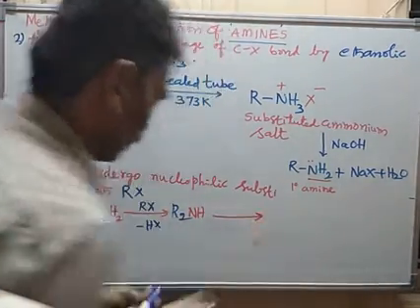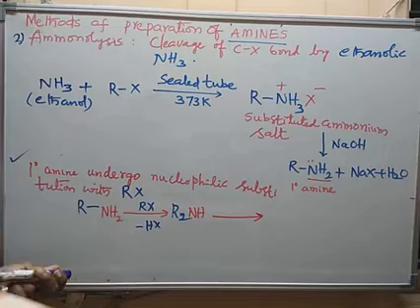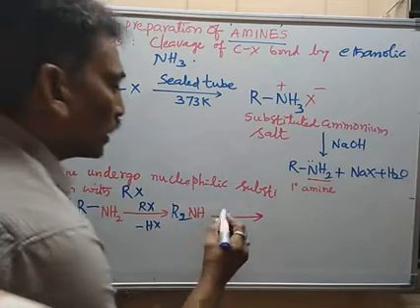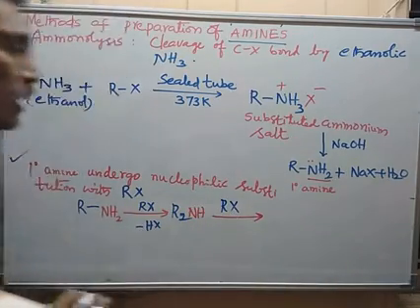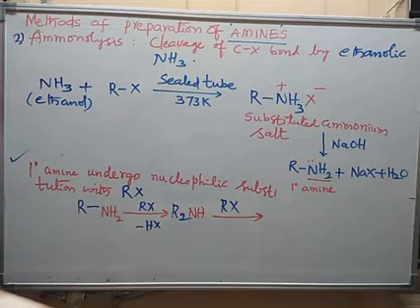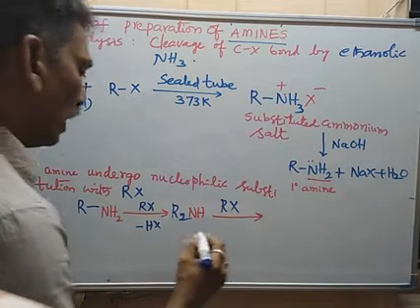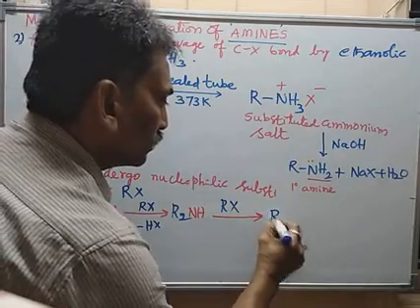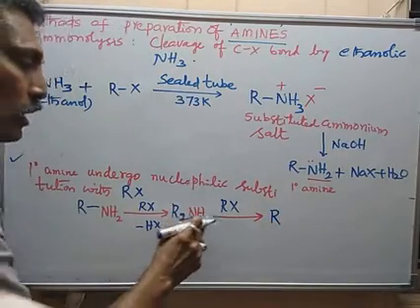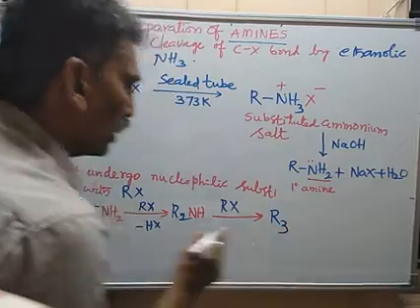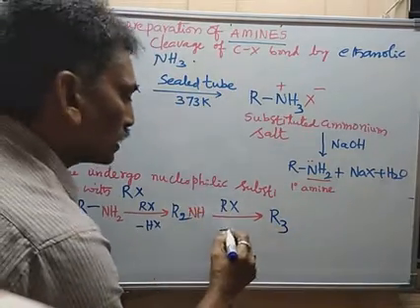Now this participates in another mole of alkyl halide. Same nucleophilic substitution as given in the above case, and you will get R2 and already two alkyl groups are there. A third alkyl group is introduced, R3. This H and X are removed as HX.